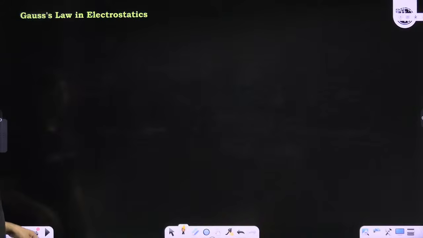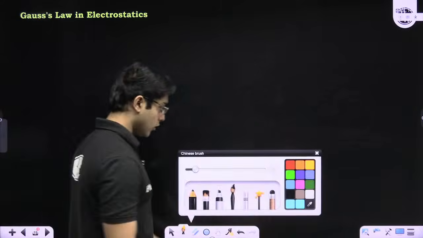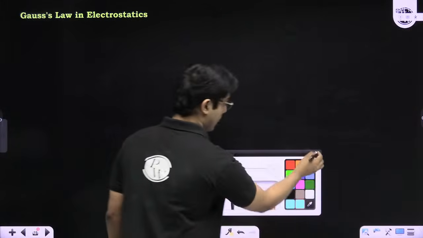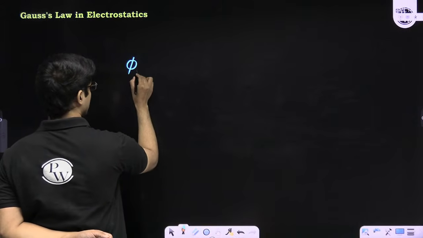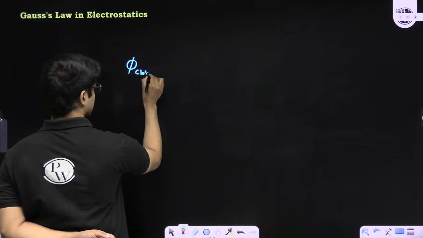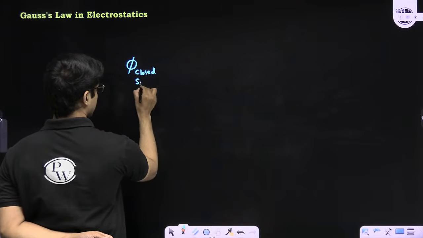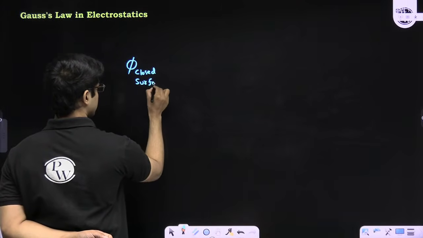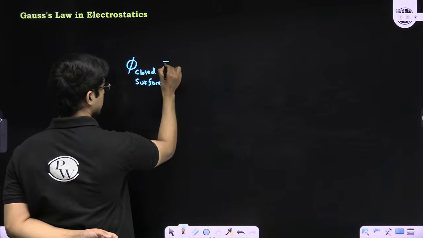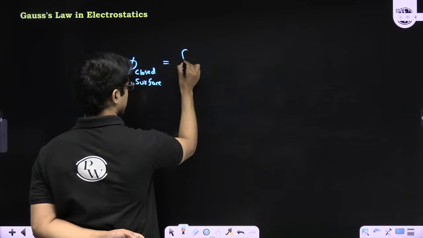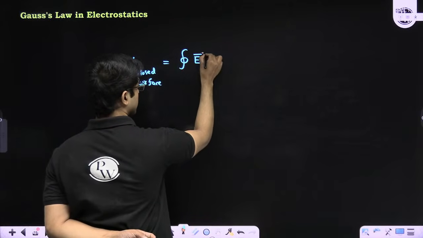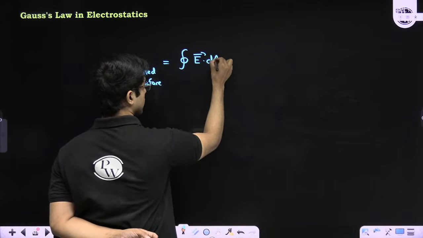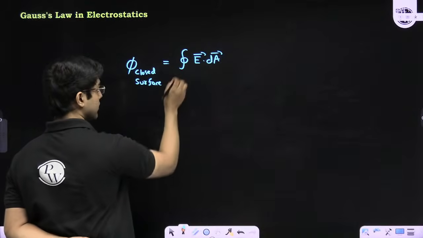So now this is what Gauss law is. Gauss law's left hand side is the flux through any closed surface. This mathematically we can also write as the closed-surface integral of E dot dA. These two things mean the same thing.